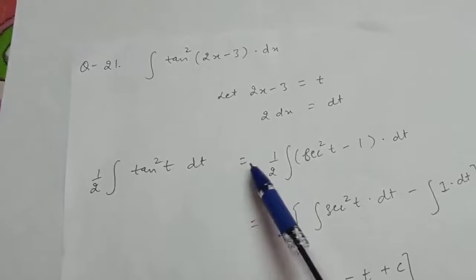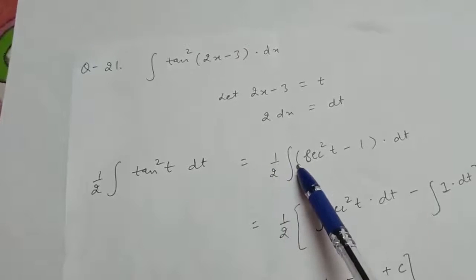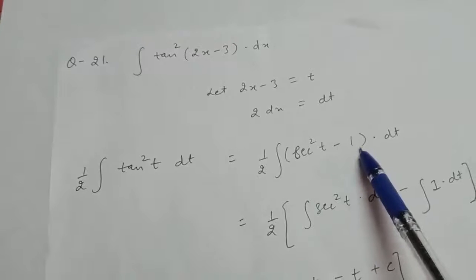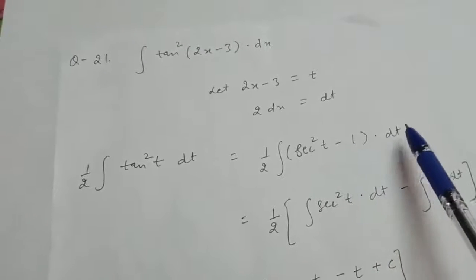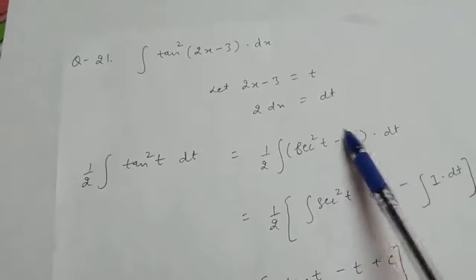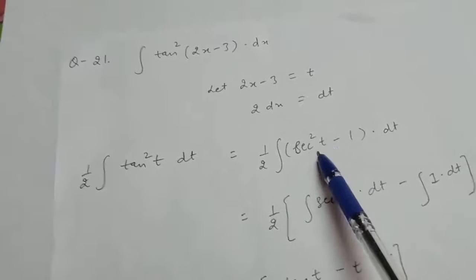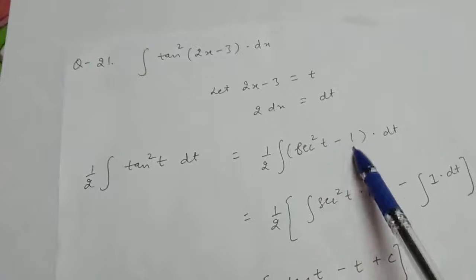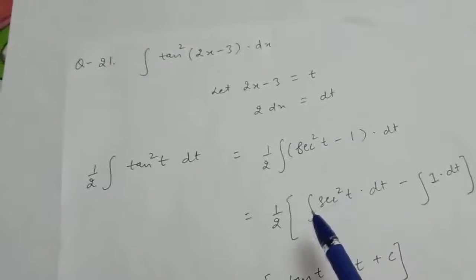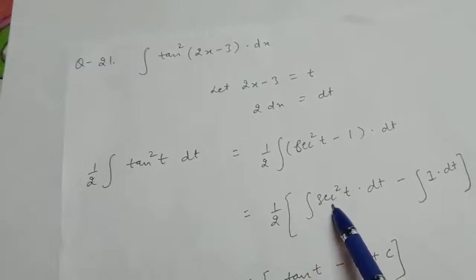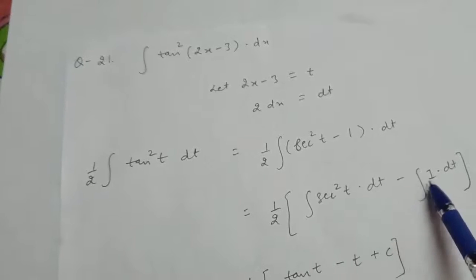So this integral becomes equal to 1 by 2 integral of secant square t minus 1 into dt, because this is tan square t. Why we have done this? Because now we know the integral of secant square t also and of 1 also. So this is now 1 by 2 integral of secant square t minus integral of 1, right?